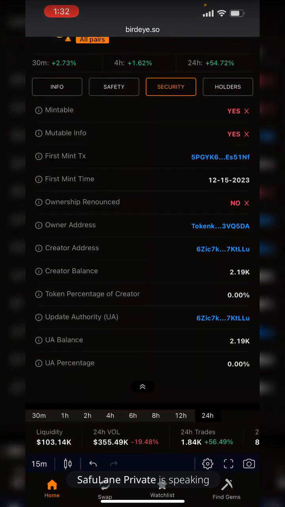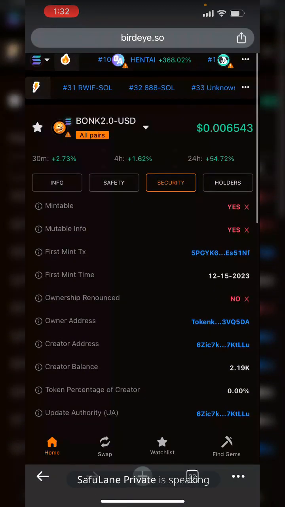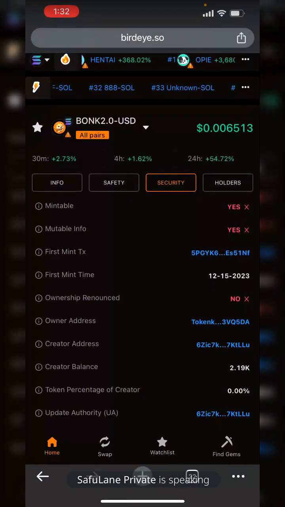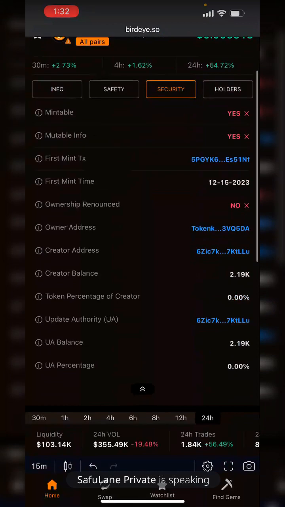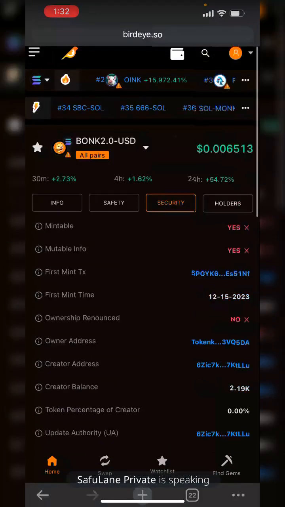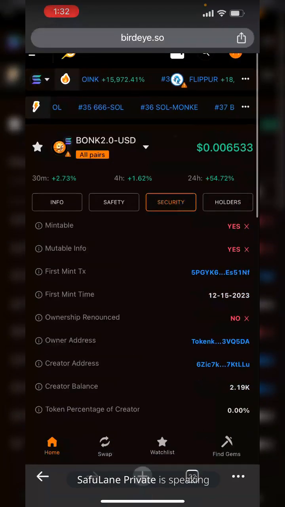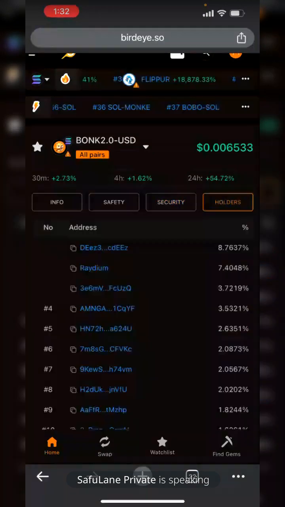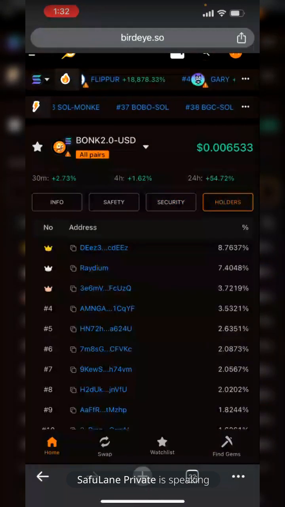No. So it means, of course, the owner of this contract can mint more tokens and can decide to liquidate on the holders. So let's put all this into consideration when we are trying to ape into coins on Solana, most especially when we are trying to hold for long term. So we understand the strategy to play on any of these projects.